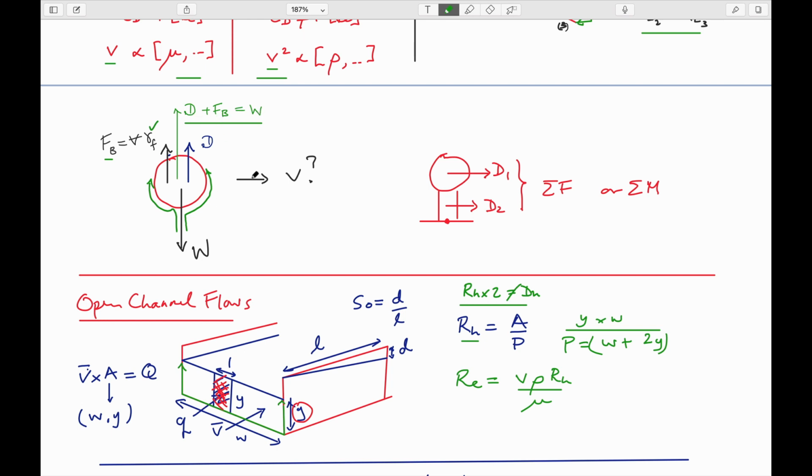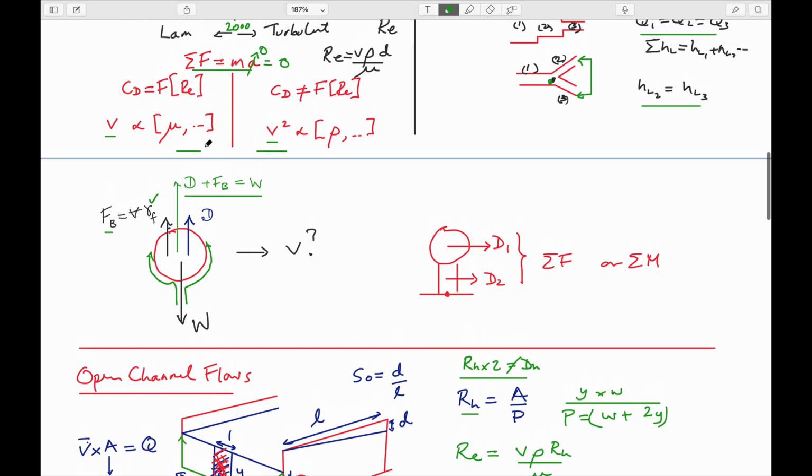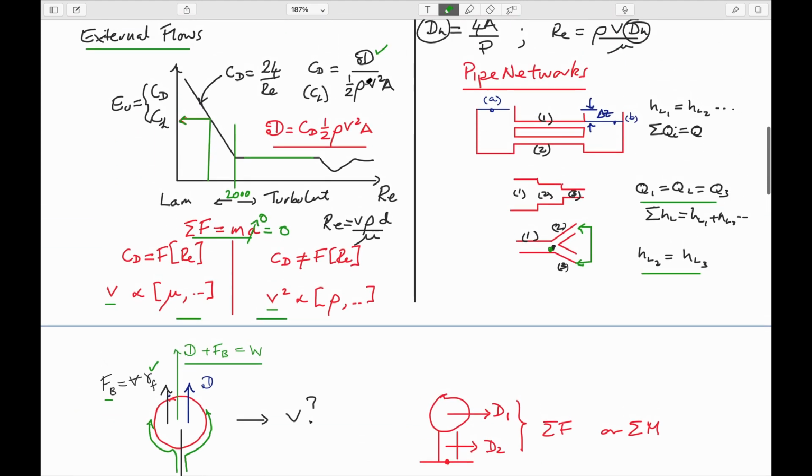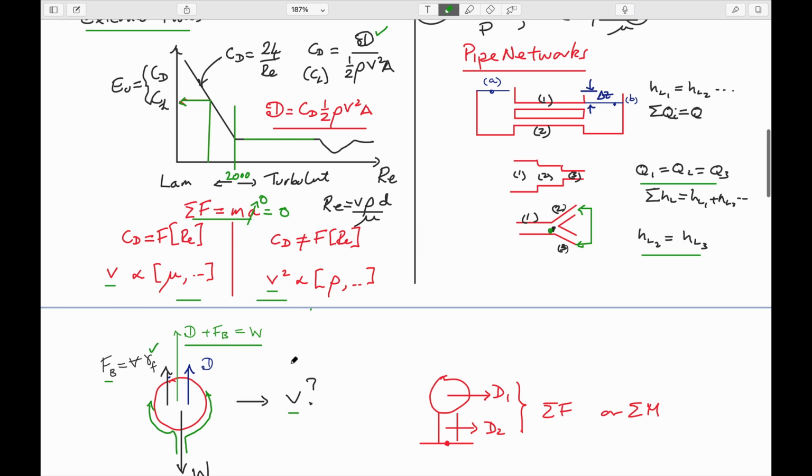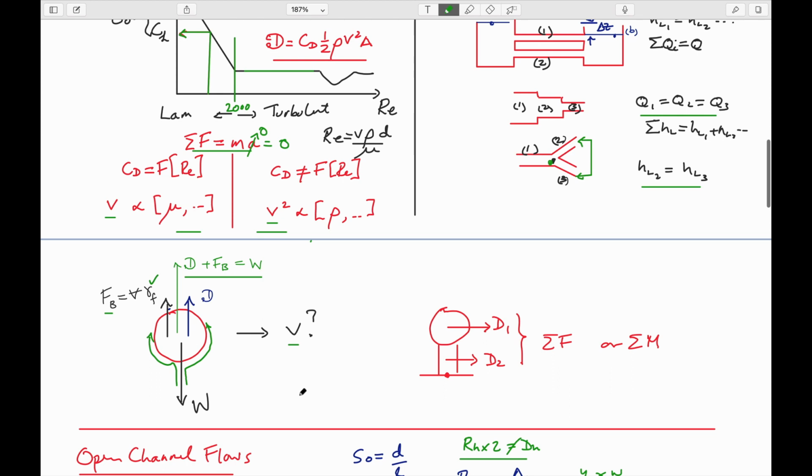If you've substituted for the drag force as a function of velocity, then you can solve for the velocity. Importantly, the velocity comes out of the system. If it's turbulent, then you'll end up with a velocity squared term from using the Euler equation. If it's laminar flow, then you'll end up with a velocity to the power 1 term, but you can solve for the velocity nonetheless.